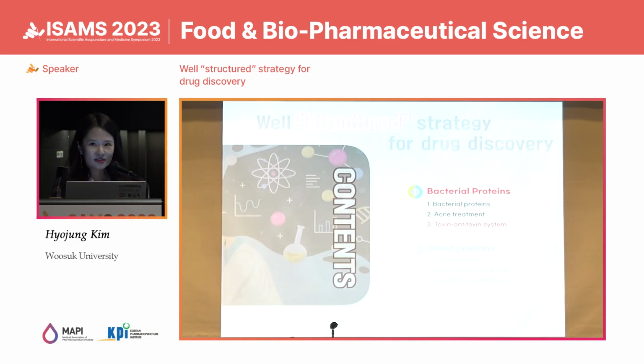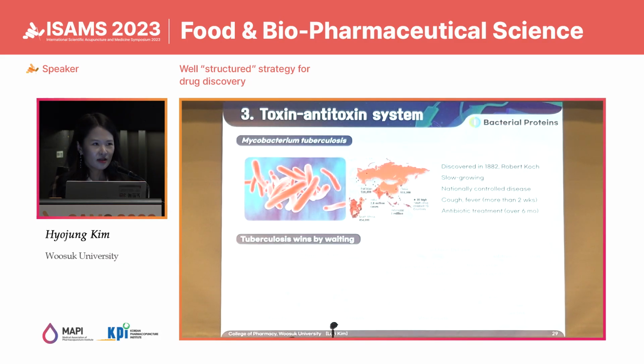And the second project that I'm working on is the tuberculosis toxin and antitoxin system. If we say that C. acnes is a common bacteria in our life, this is maybe another familiar bacteria in our lives. Approximately 33% of the human population is contaminated with this bacteria, which is Mycobacterium tuberculosis.